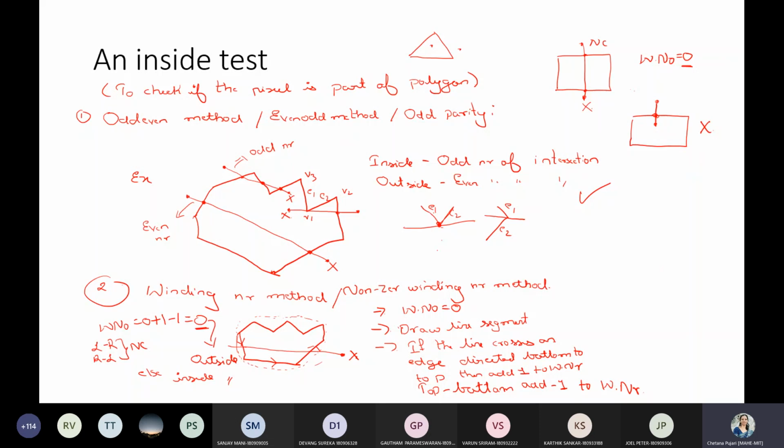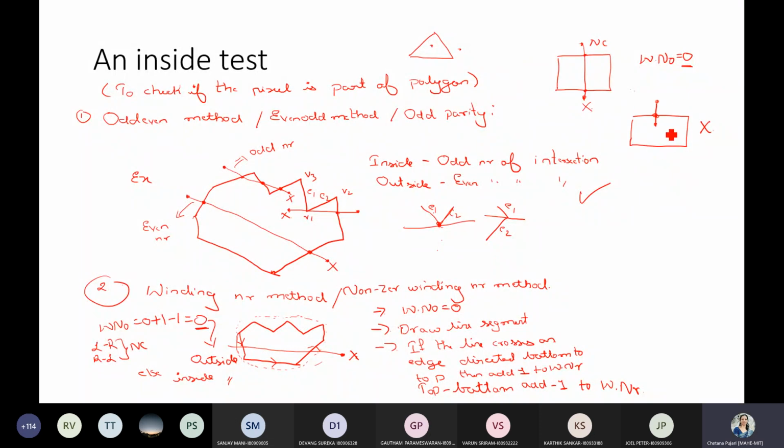I think then there is a failure case, it's not a 100% working algorithm, I guess. Maybe there is a probability that it may not work for a few points, or it depends on the direction of your particular line segment. If it is horizontal, then this is top and this is bottom and this is left and right, things like that.